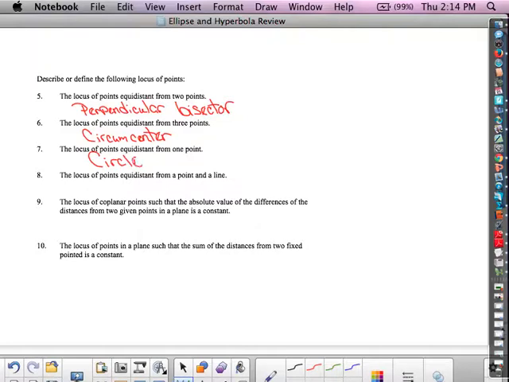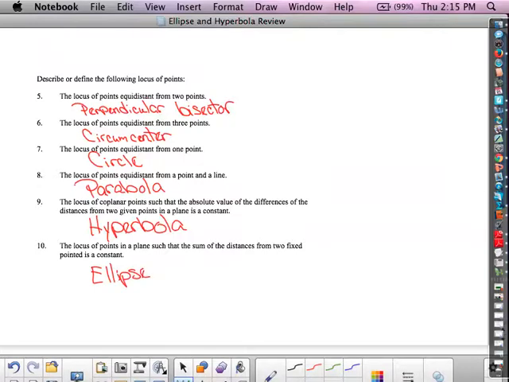The locus of points equal distance from a point and a line is a parabola. The locus of coplanar points such that the absolute value of the differences of the distances from 2 given points in a plane is a constant is a hyperbola. And the locus of points in a plane such that the sum of the distances from 2 fixed points is a constant is an ellipse.